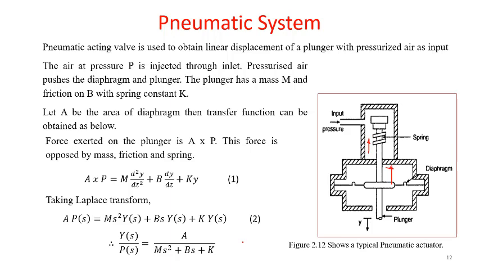Sometimes they will ask you to write a transfer function for a typical heating element or a heat transfer element. There also you can take the first type of heat element example.